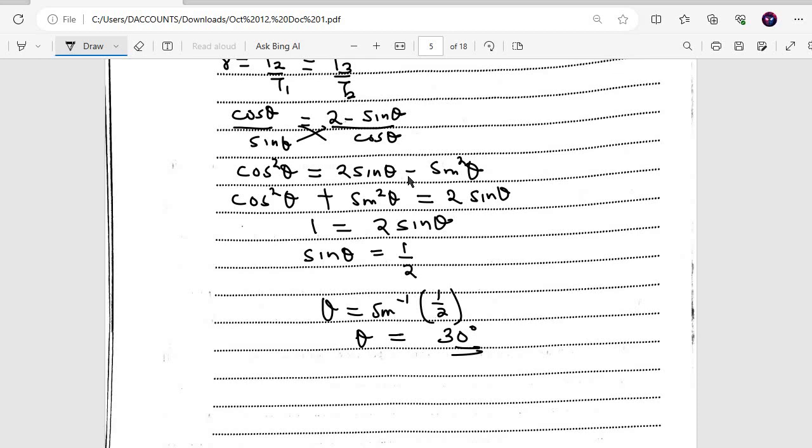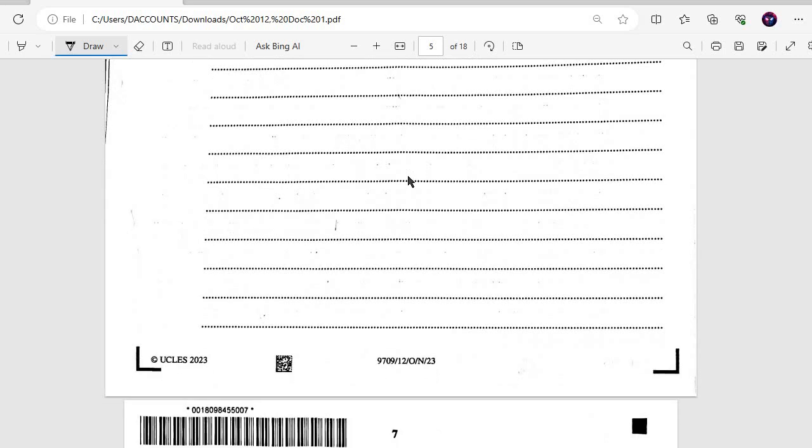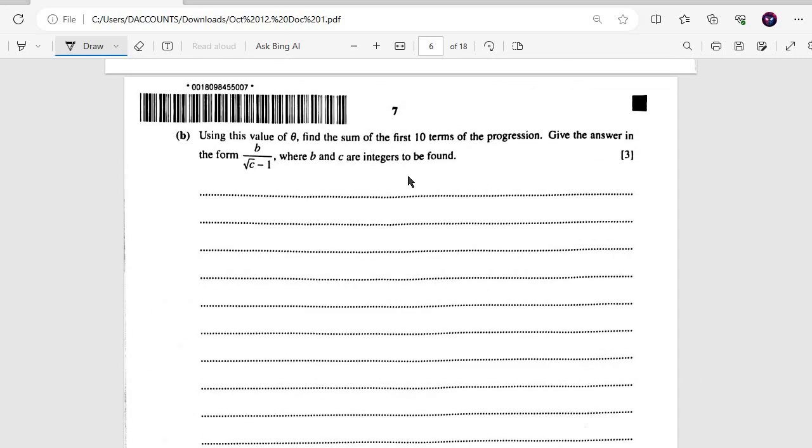The next question: using the value of theta, that's 30 degrees, find the sum of the first 10 terms of the progression. What's the formula for the sum of a GP when the common ratio is greater than 1?